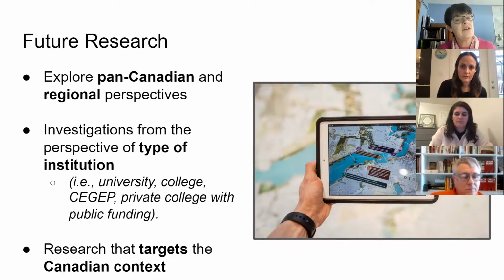And so looking at how these networks for digital education scholars might fit into the professional development landscape. And certainly research that very much targets the Canadian context is important, given the fact that we have so many jurisdictions that are involved in the provision of higher education.